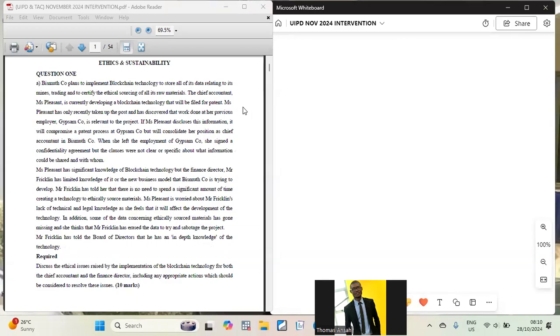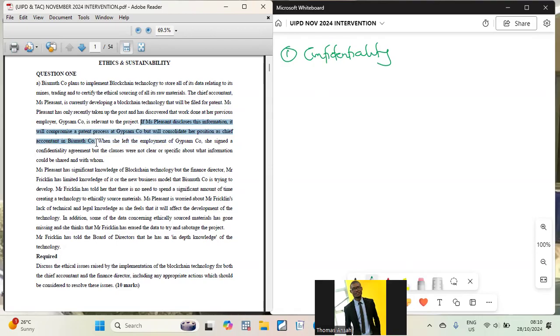So the first one has to do with the issue of confidentiality. Okay. In the sense that when you read the line from line, I think 1, 2, 3, 4, 5, from the line 5, it says if Ms. Pleasant discloses this information, it will compromise a patent process at Gibson Co., but will consolidate position as the chief accountant.